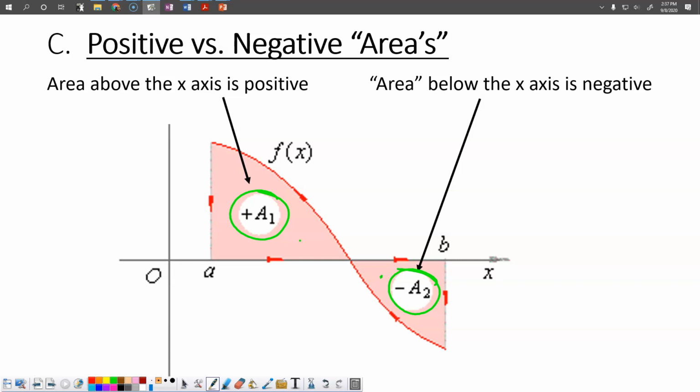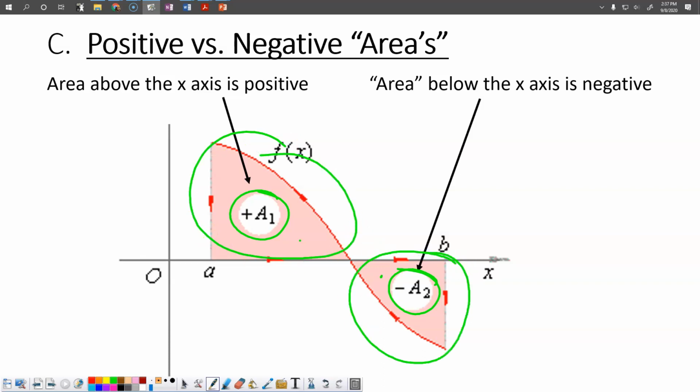Now, if you ever really wanted to find the area and ignore the negatives, you would have to find the area of this piece and then the area of this one and change it to a positive and then add them together if you wanted to find the real true area. But if you just plug it into your calculator from a to b, your calculator is going to keep this one positive and this one negative, and they're going to cancel each other out and you're going to get a lower number. And that's not wrong, it just means something else.